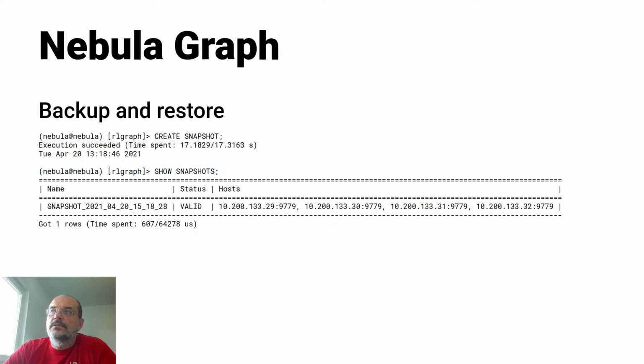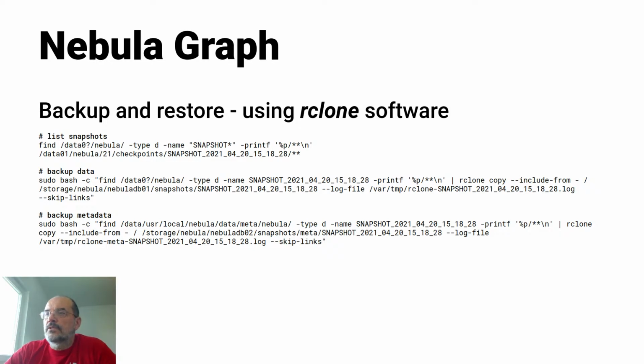Nebula Graph offers a snapshot mechanism, which creates snapshots on each node in the cluster, and after that you can back up your data to some external storage or some other external system, which you can use later for restore or migration or whatever you need your data for.